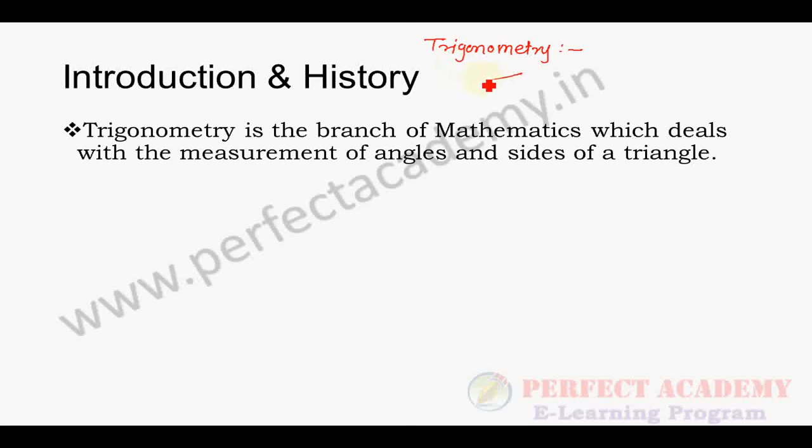Well, if you will try to find out the origin of this word trigonometry, there are two distinct groups of people who will argue about its origin. One set of people says trigonometry has its roots in Indian mathematics because this word has been derived from the Sanskrit word trikonamiti, and Aryabhatta has contributed so many things about trigonometry.